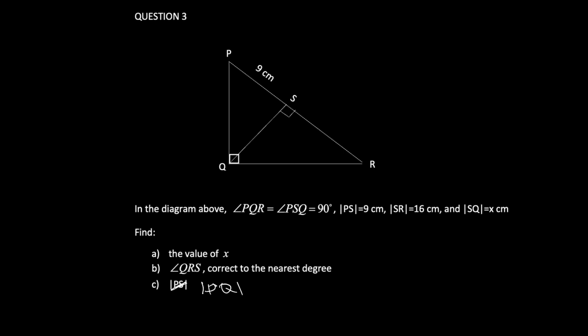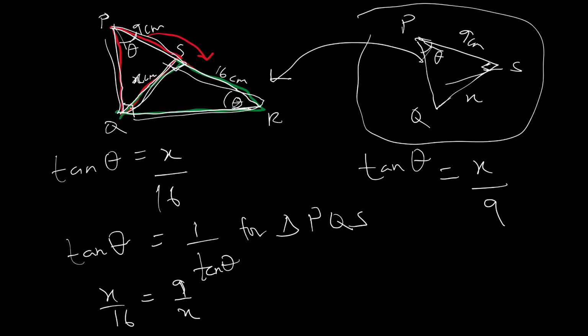So taking triangle PQS, we have angle theta at Q, and then QS is X centimeters and X is 12.